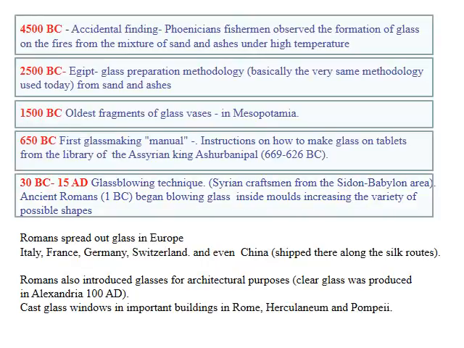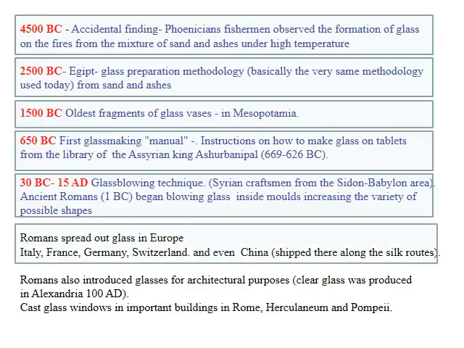30 BC until 15 AD, the glass-blowing techniques were established by Syrian craftsmen from the Sidon-Babylon area. Ancient Romans, 1 BC, began blowing glasses inside molds, increasing the variety of possible shapes.